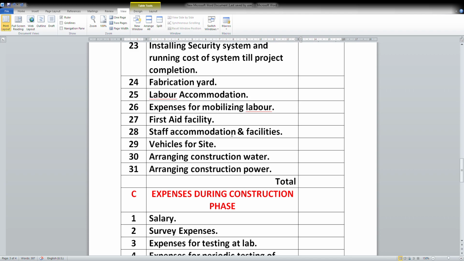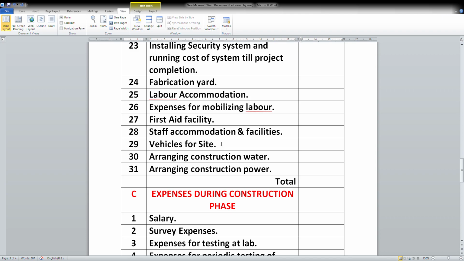Staff accommodation at site and facilities. If staff have to be placed at site, their accommodation expenses plus their facilities like TV, newspaper, and other expenses can be captured and recorded here. Vehicles for site.